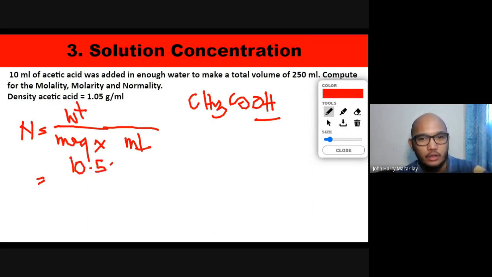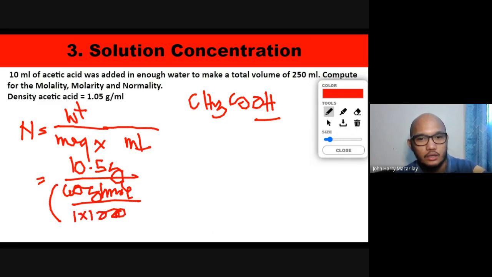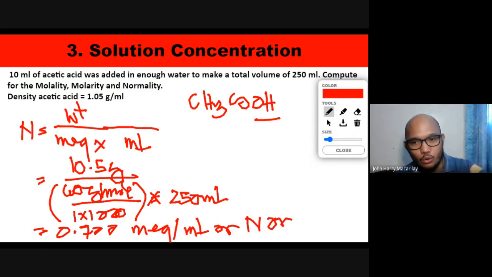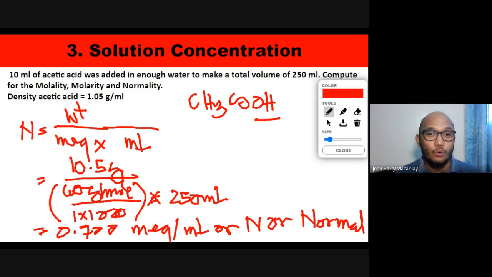So 10.5 grams divided by 60 grams per mole over 1 times 1000, which is the formula of the MEQ, times 250 ml. Right? The answer should also be the same, 0.0700 MEQ per ml, or normality, normal, or the capital letter N. So that is now for your normality.